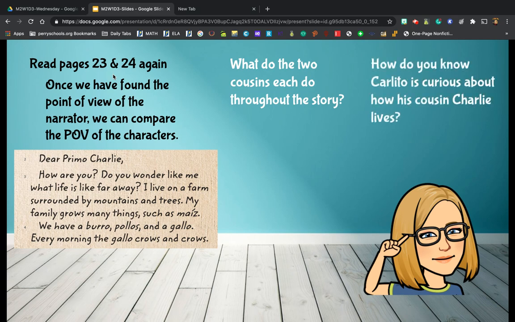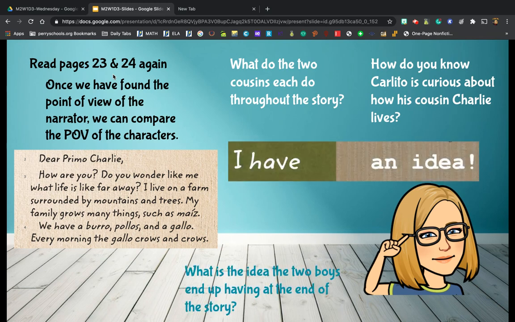So I know that Carlitos is curious about his cousin Charlie because he's asking, do you wonder what life is like far away? I live on a farm. And so he's asking these questions. He's trying to give Charlie some information about where he lives because he's curious about where Charlie lives.